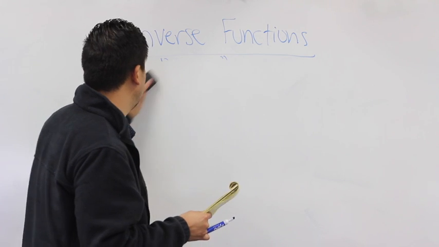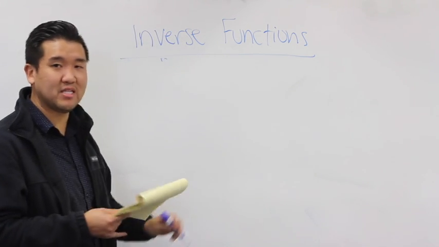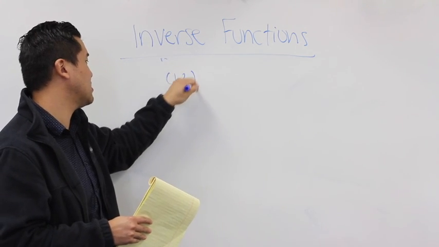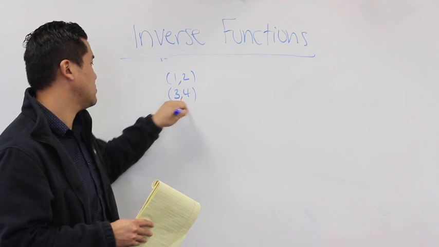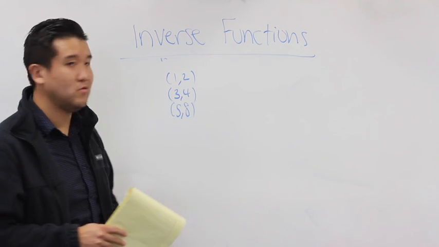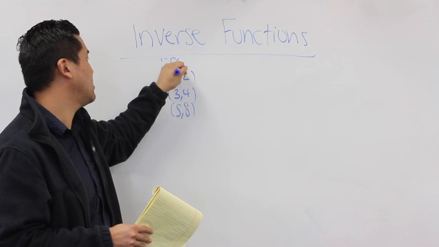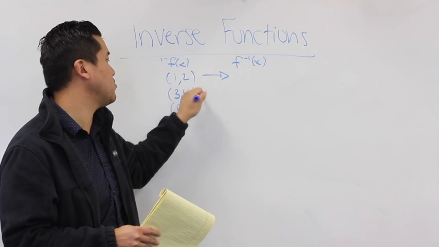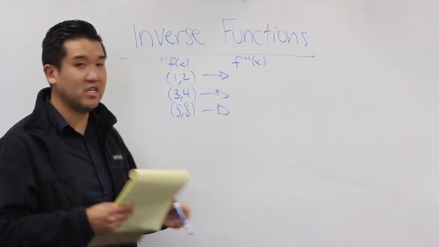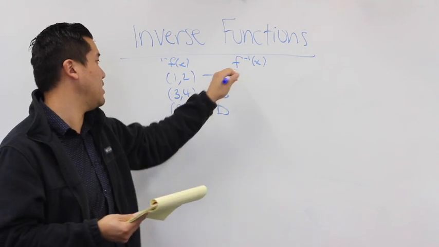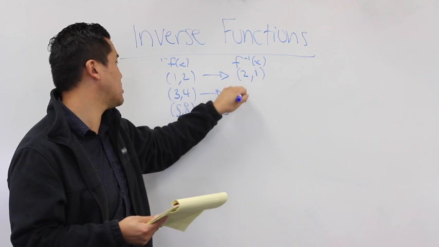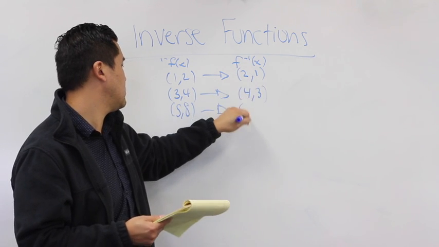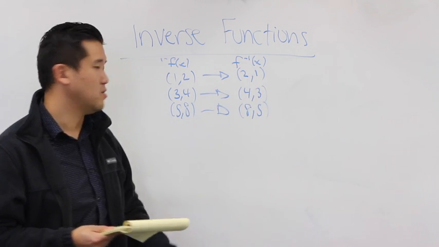Graphically, what happens is if I give you a set of points, as your f of x, your f inverse of x, all you have to do, once again with that theme, is just swap your x and y. So your inverse, you're just going to swap them. Those are your inverse.